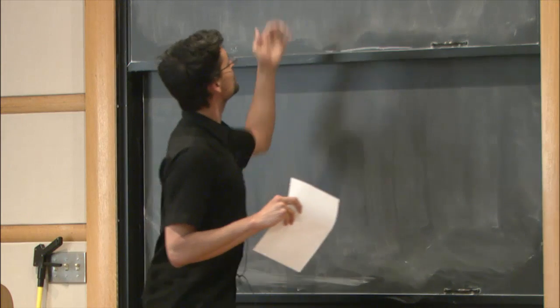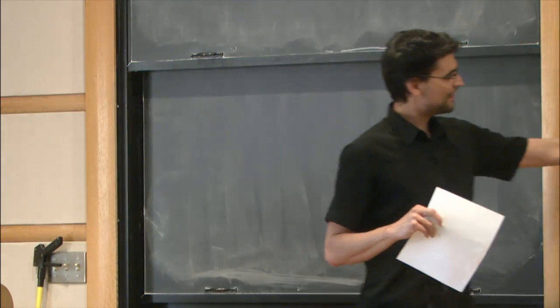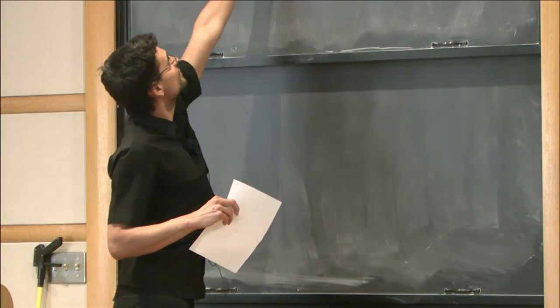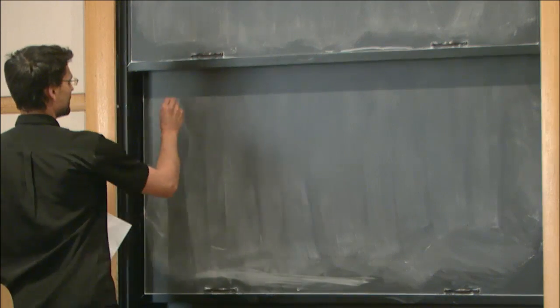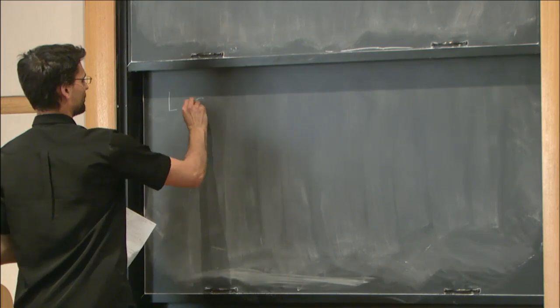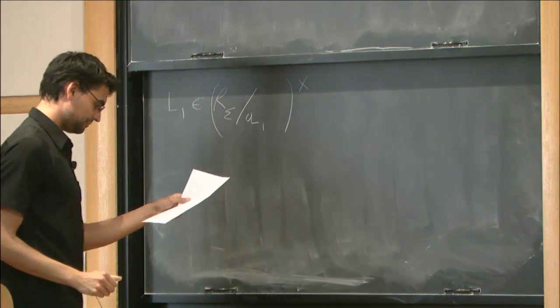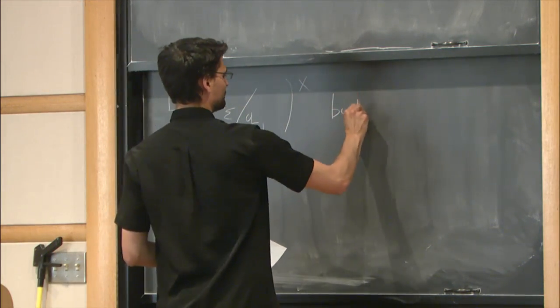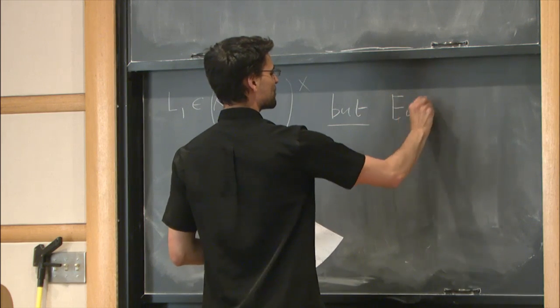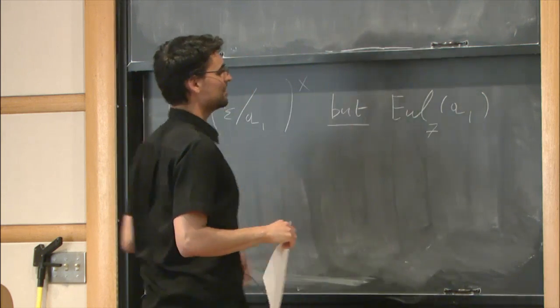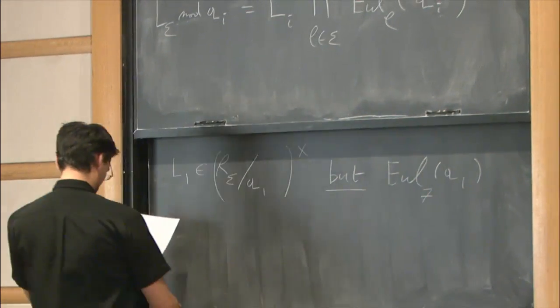So in what sense does this statement explain this phenomenon? Well, if you believe that this is a unit, then because x1 of L1 is the p-adic L-function of E1, it has to be that L1 is a unit. However, if you compute the Euler factor at 7 of A1, so these terms from i equals to 1 and l equals to 7, then this is not a unit.